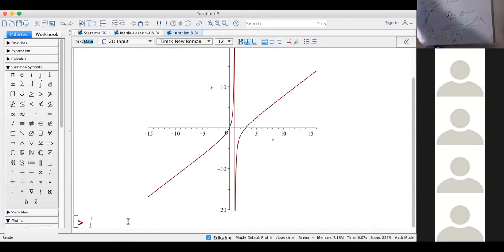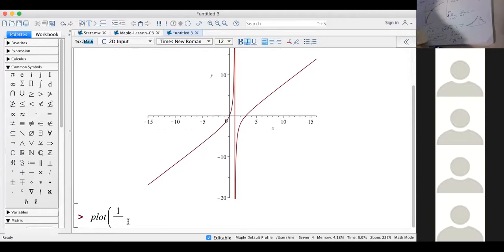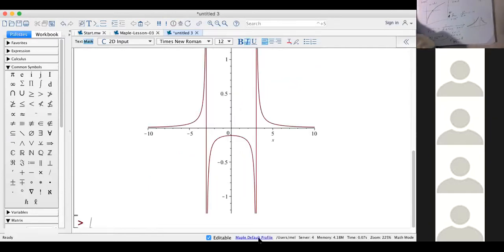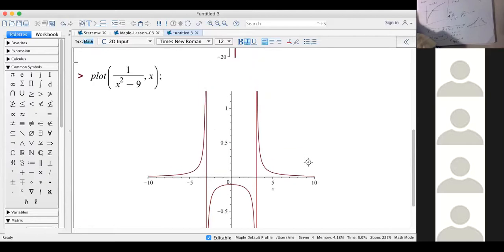So let me plot the function 1 over x squared minus 9. Well, that's what it looks like.